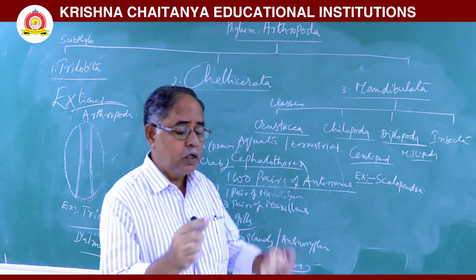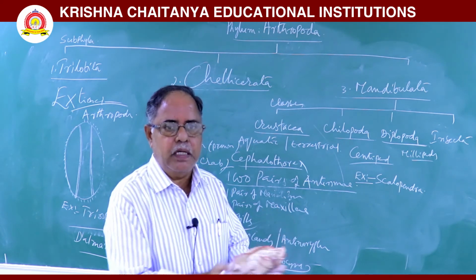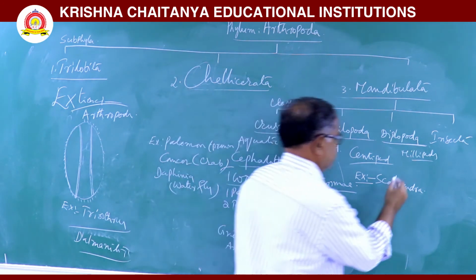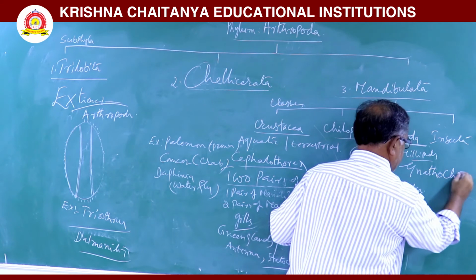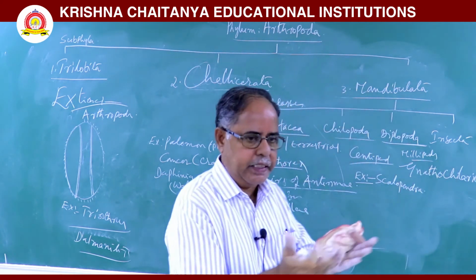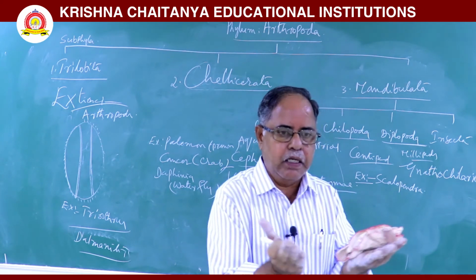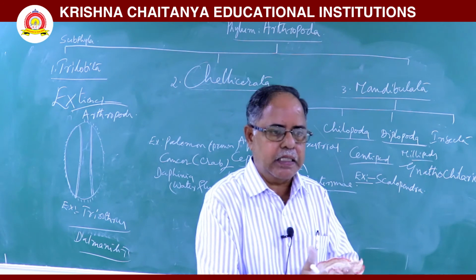In this animal, two maxillae are fused and form a gnathochilarium, a plate-like structure.